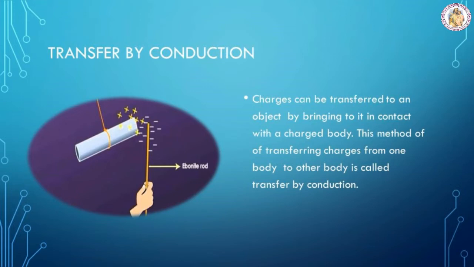Hence, the negative charges in the rod are repelled by the negative charges in the cylinder. Thus, we can say that charges can be transferred to an object by bringing it in contact with a charged body. This method of transferring charges from one body to another body is called transfer by conduction.